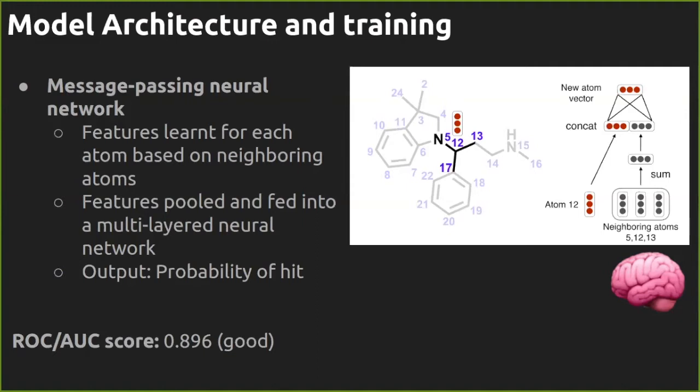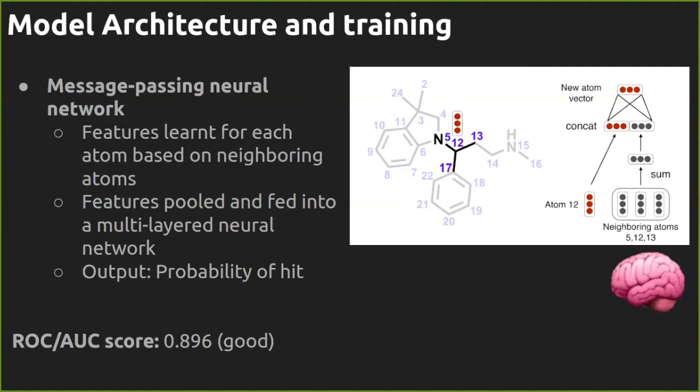Anyway, the special features of this neural network are that features for each atom are learnt based on their surroundings. So, for example, in the diagram here, atom 12, carbon 12, the feature for that atom will be a vector, which we can basically say is a list of numbers that will be some function of all of the surrounding atoms. The authors also included calculated features for each atom, like, for example, the hybridization for each one.